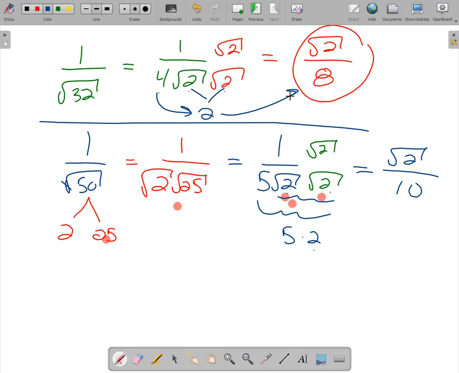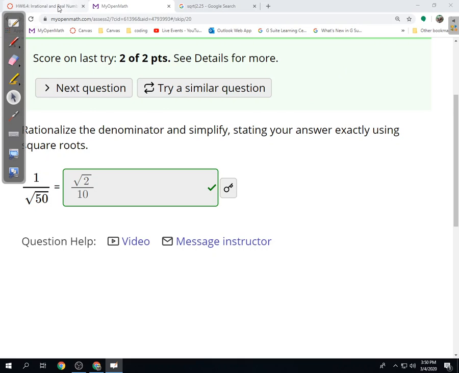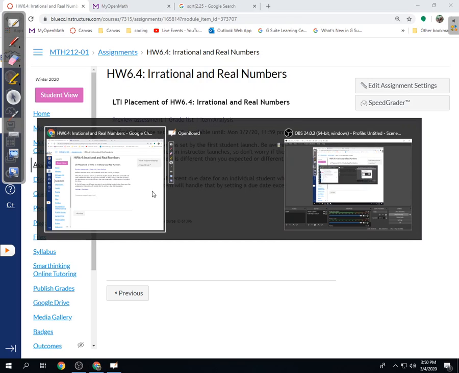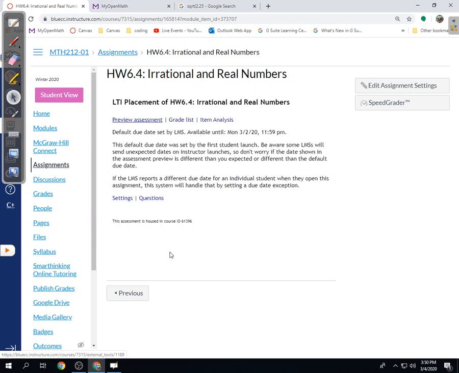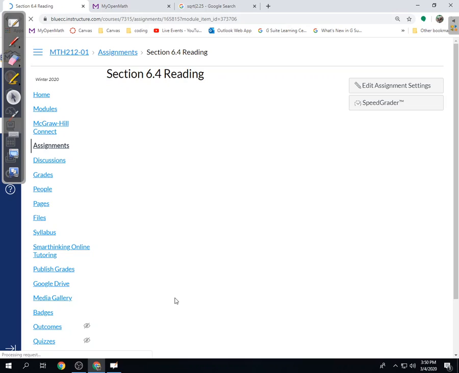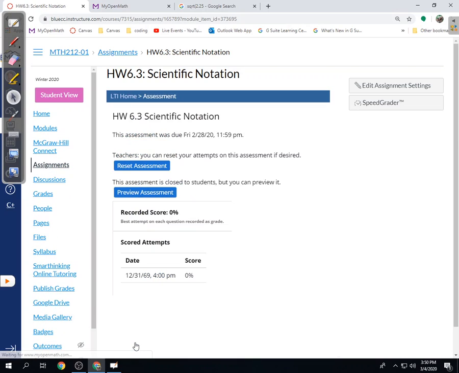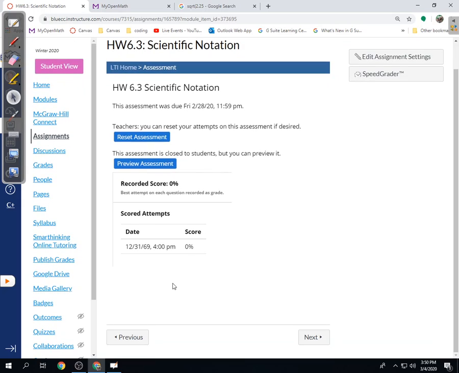Okay. So I have one I want to look at. Summer asked about it last class, and I forgot to talk to everybody about it. It's in section 6.3. That's what I want on the screen. And then previous. Previous. Nope. Previous again.